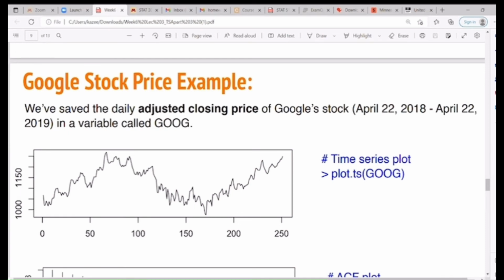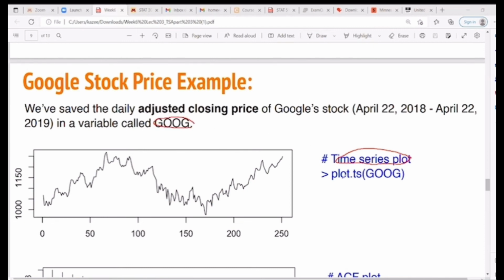So this is the code, and I'm going to walk you through that now. You need to generate a time series plot. That is part of the preliminary investigation. If you want to understand your data set, you need to generate a time series graph. The name of my data set is GOOG.